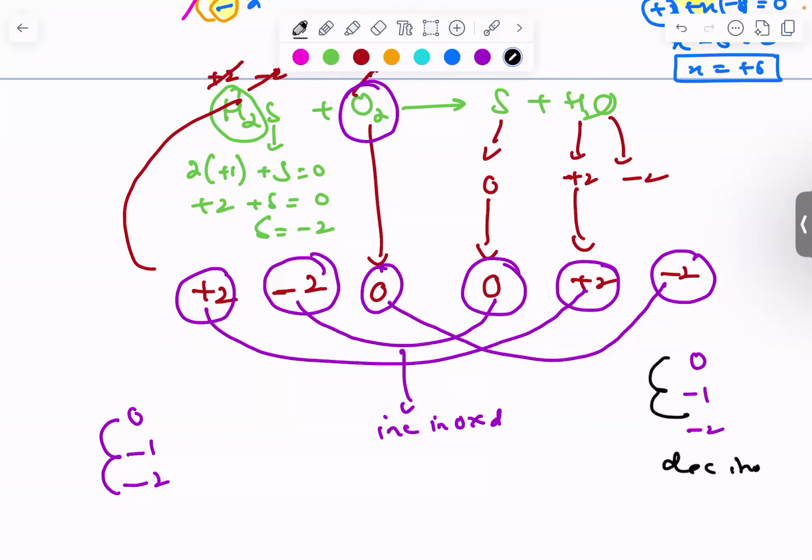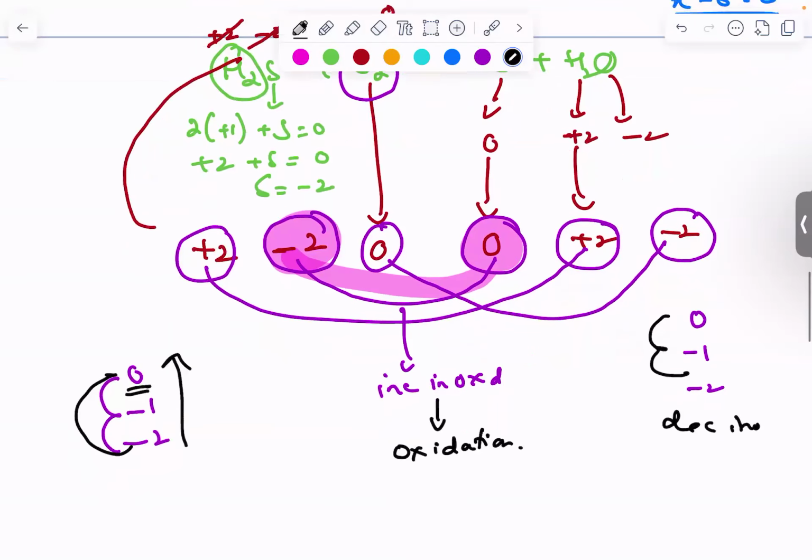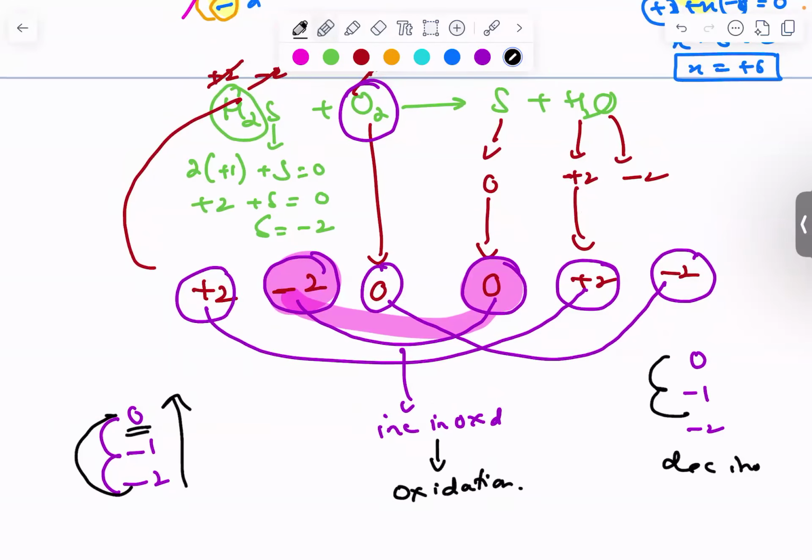It's a bit confusing, but it makes clear sense, right? So sulfur from minus 2 is changing to 0. So that is an increase in oxidation number because we are going from minus 2 to 0. So this is oxidation. And then, beta, I'll use another color.